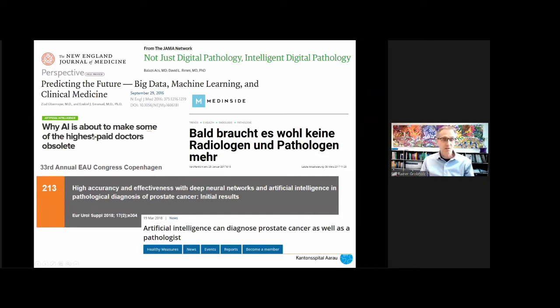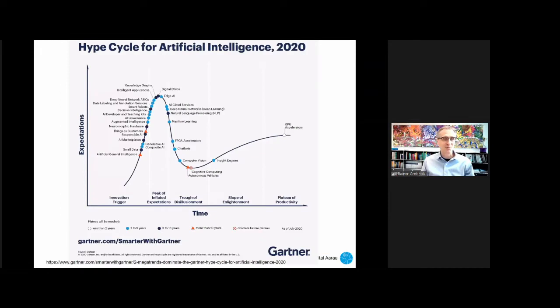That leads us to the hype cycle, and you're probably familiar with the Gartner hype cycle. After the innovation trigger, it comes to a big hype where everybody is enthusiastic about everything. That ends up in a trough of disillusionment: things are not going that fast, they're not as accurate as we think.